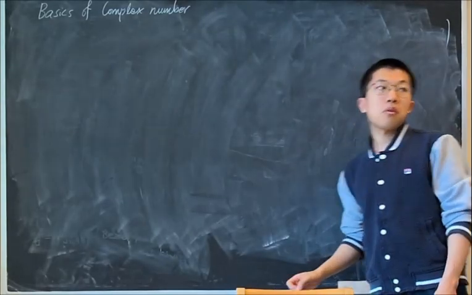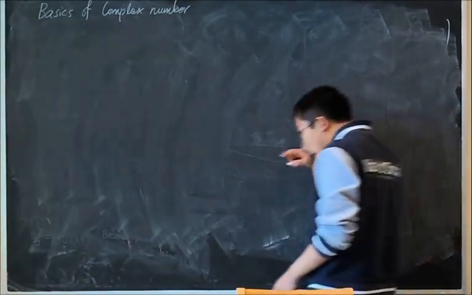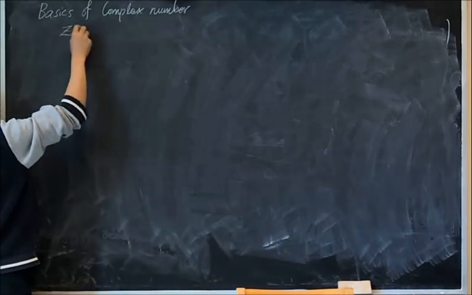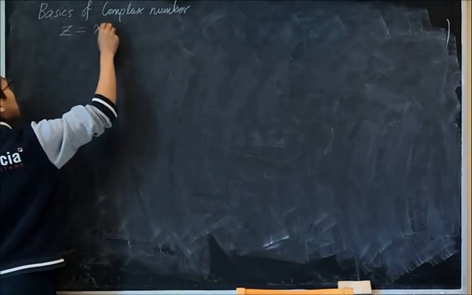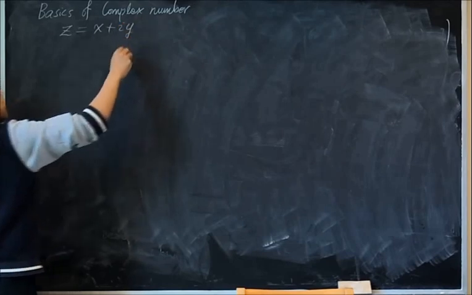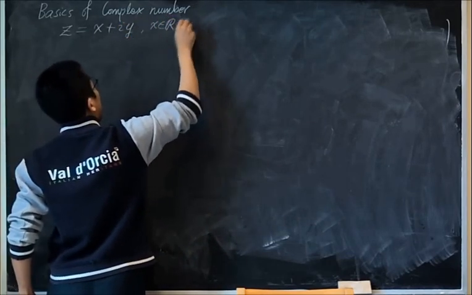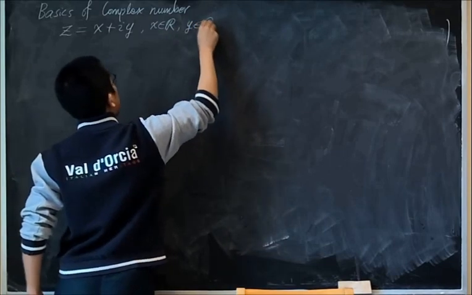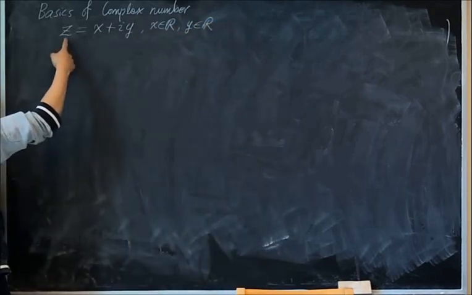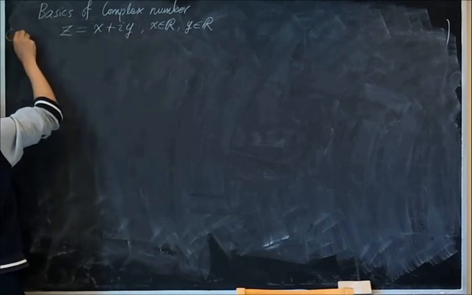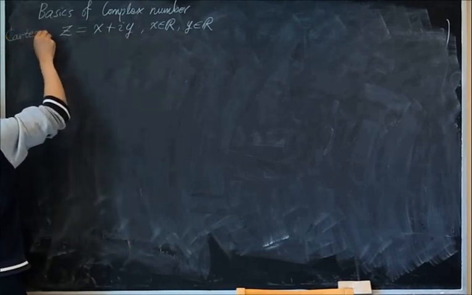So for complex numbers, we know that the most basic form is to write it as z equals x plus iy, where we assume that x and y are both real numbers. Okay, so this z is called a complex number, and this very basic form is called the Cartesian form.